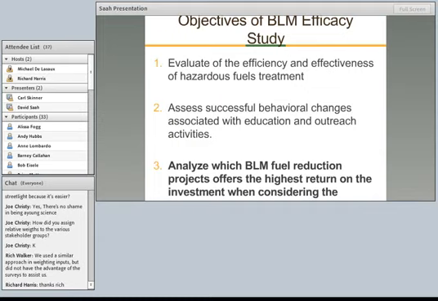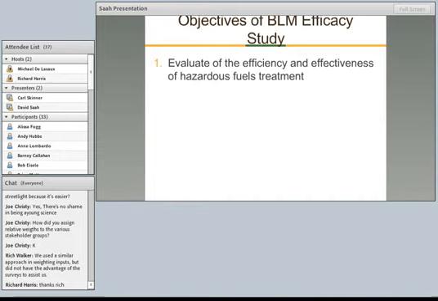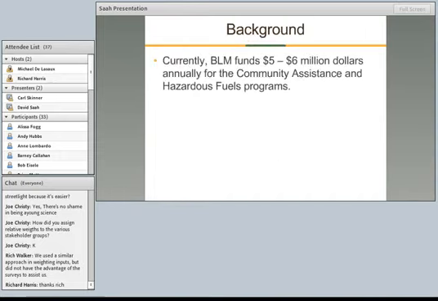How effective was their education program and their fuels reduction program? And then the third component, the component that we're really going to focus on in this little talk, is they were interested in analyzing how their fuel reduction projects were creating more ecosystem service valuation, or how ecosystem service valuation factored into a lot of the different efforts that they were conducting right now.